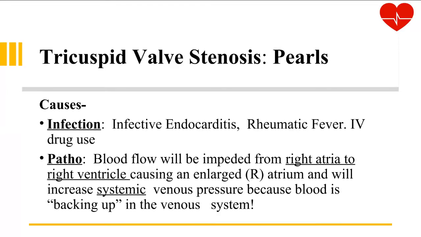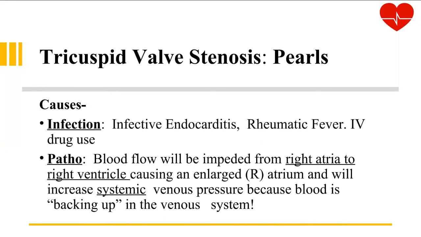And so we're going to have an increased systemic venous pressure because the blood is backing up into the venous system. So what kind of heart failure signs and symptoms are you going to see with these patients? Remember, we're on the right side now. Switch your brain from left to right.